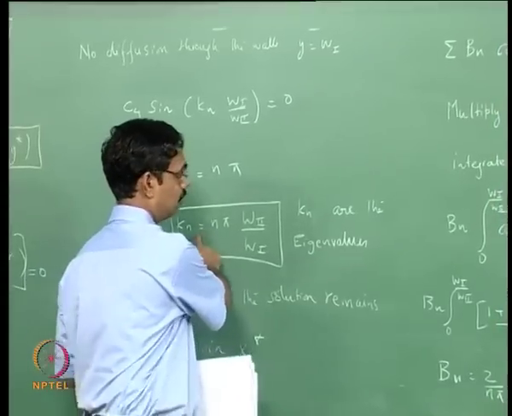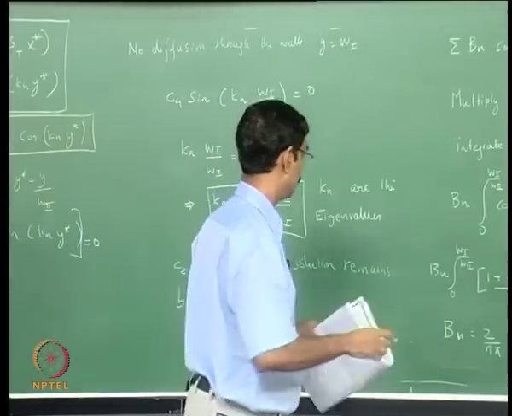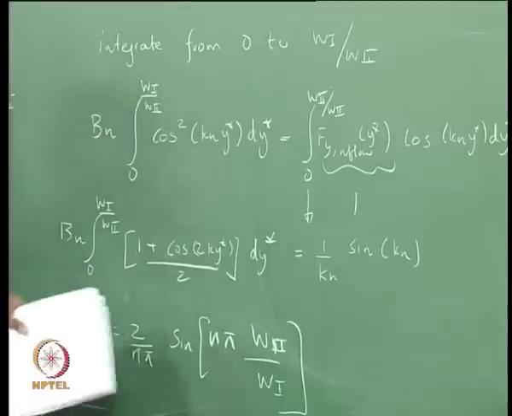And use this value of kn. So this term will drop and you will get this.